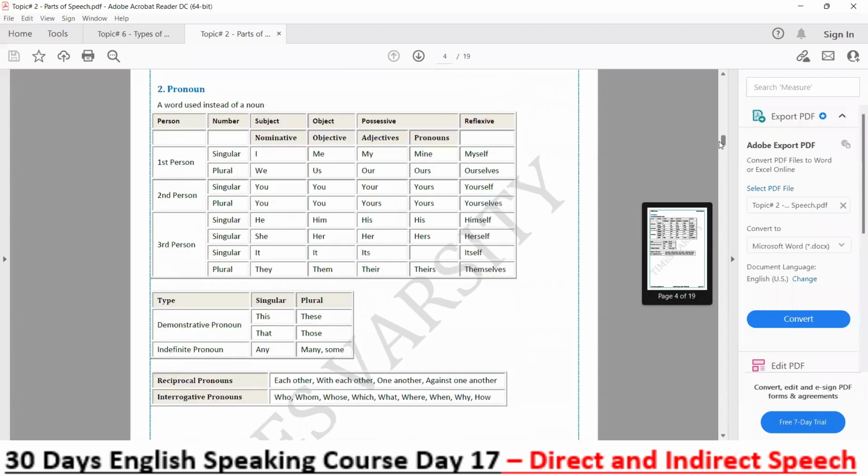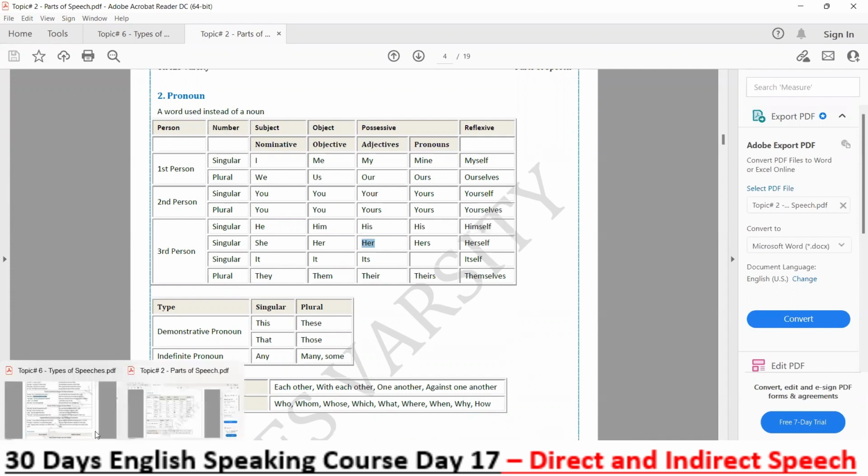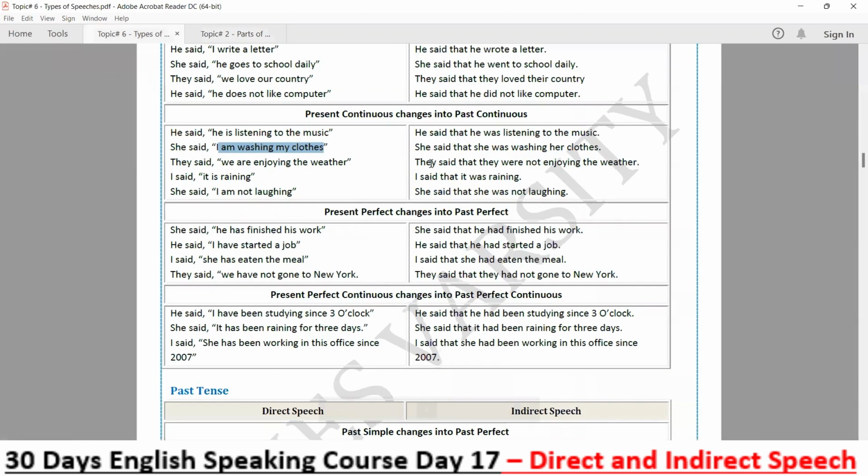This is the list. So you can see she. If this pronoun is used as a subject, it is she; if it is used as an object, then it is her. Even if it is used as an adjective, then it is her. Okay, right? So she said that she was washing her clothes.